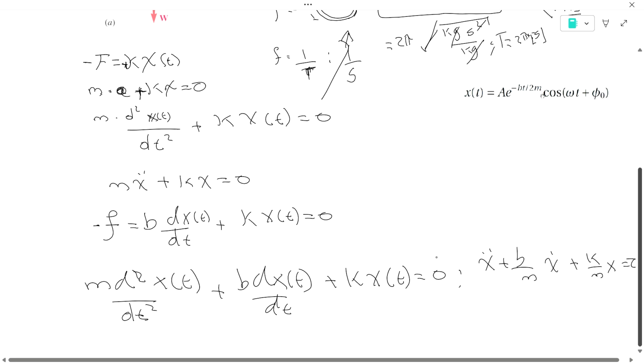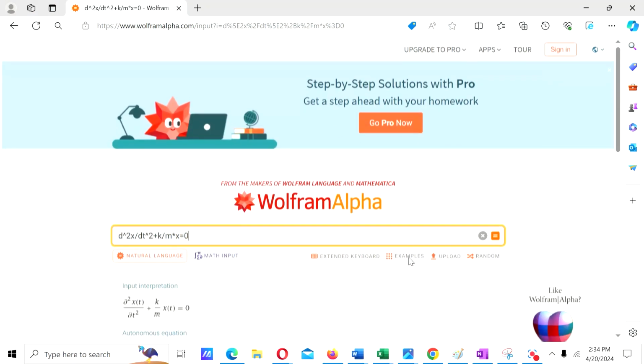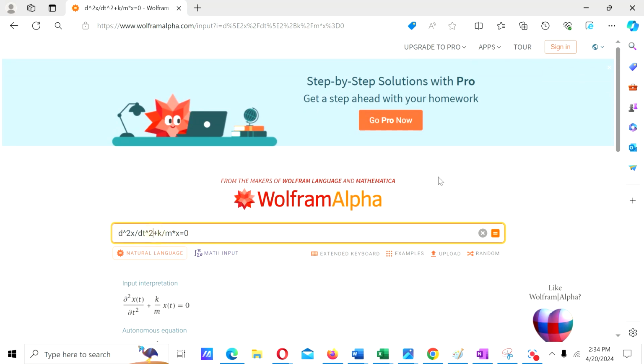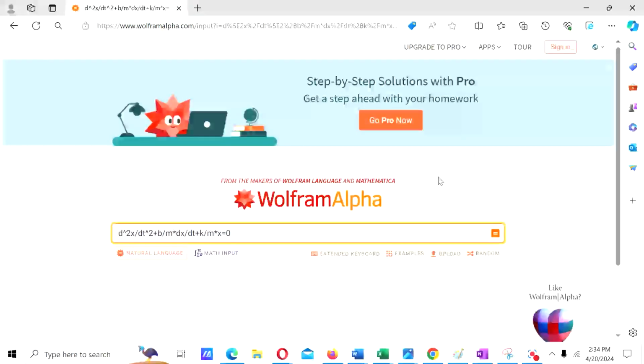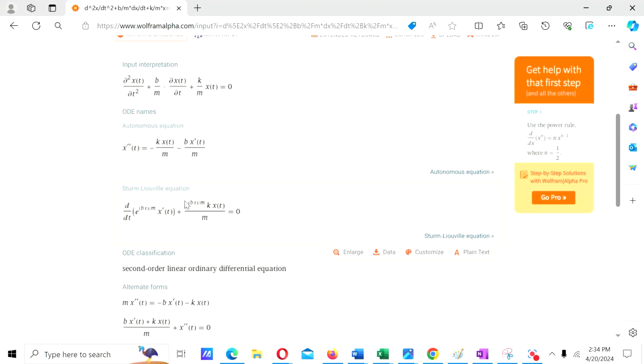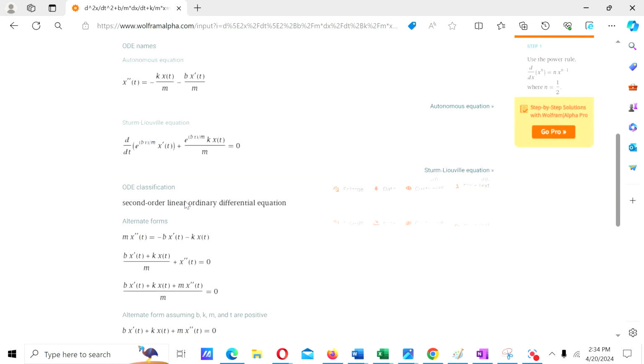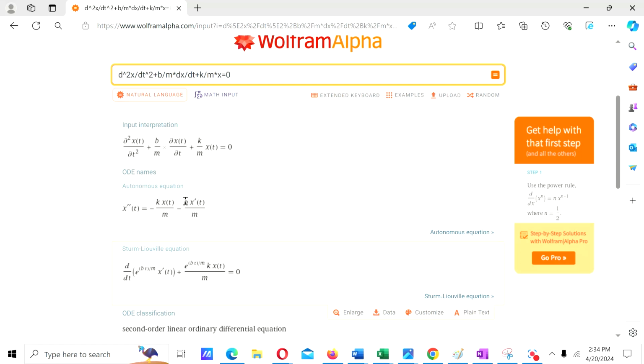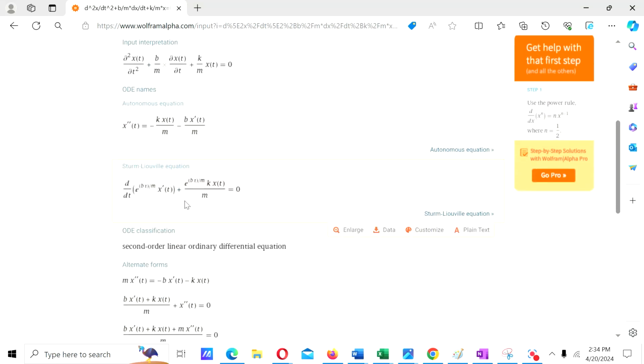So if we put that in our Wolfram Alpha helper, let's take this one and edit it. We're going to have b divided by m times the first derivative of x with respect to time, and that equation right here is this one.